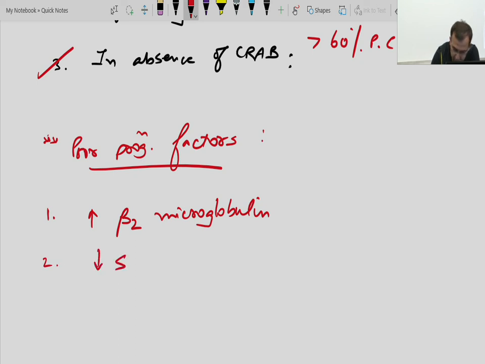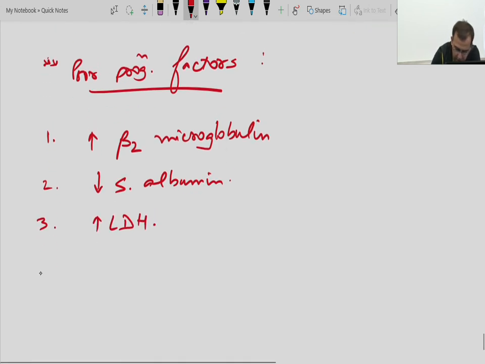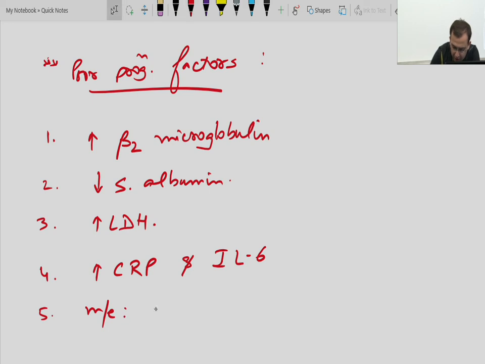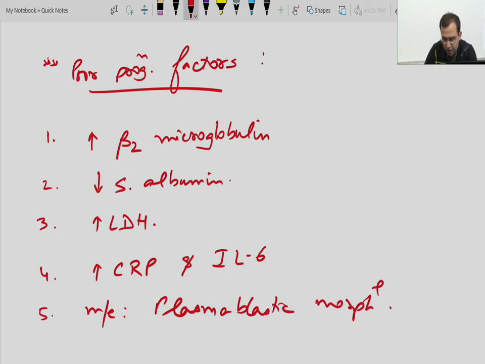Next, reduced serum albumin, increased LDH, increased CRP and interleukin 6, and microscopically plasmablastic morphology. These are the poor prognostic factors.